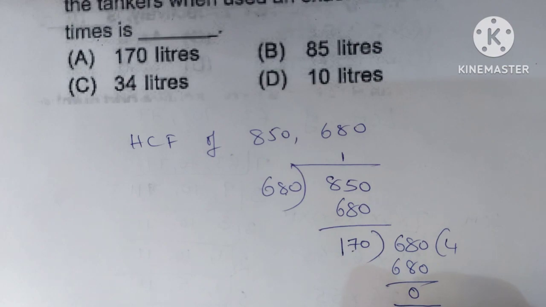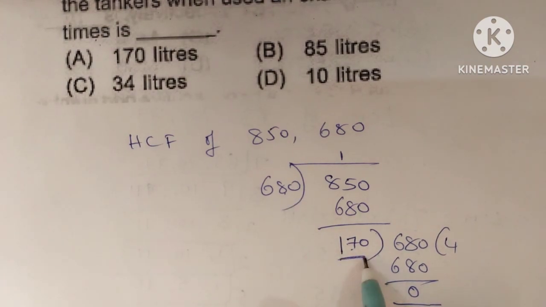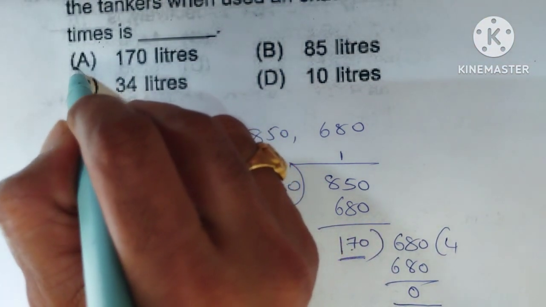So the maximum capacity of a container is 170 liters. So 170 liters is the correct option.